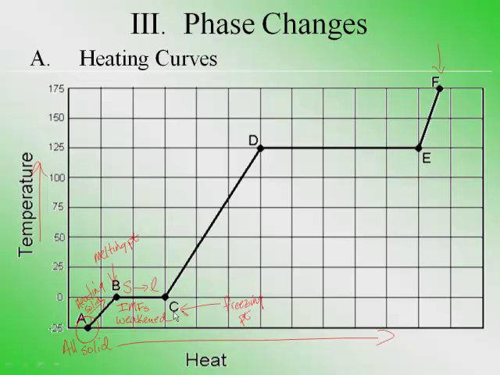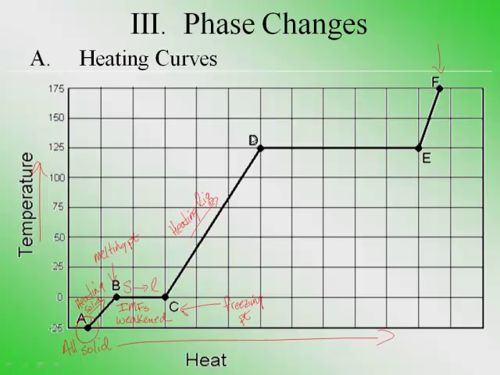So this could also be called my freezing point. As I move from C to D, I am simply all liquid, so I am heating my liquid all the way up to D. Nothing is changing about the molecules. All the molecules are doing is getting a little bit more energy. They're starting to vibrate more.